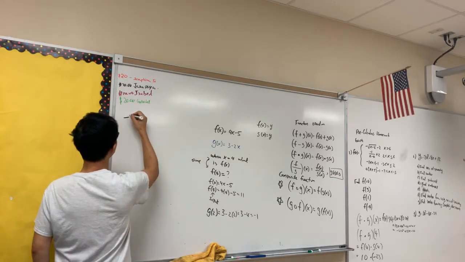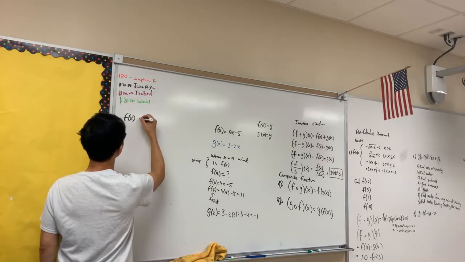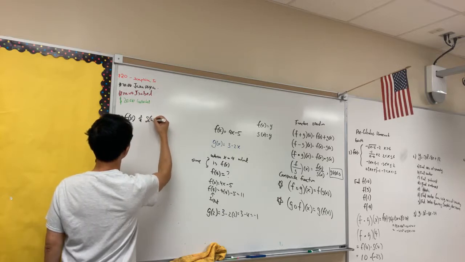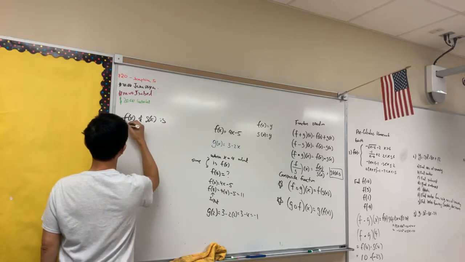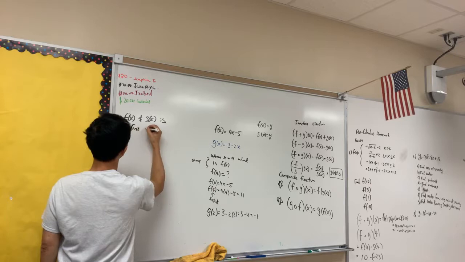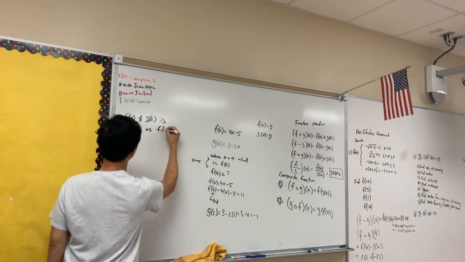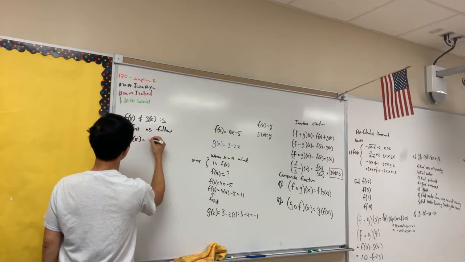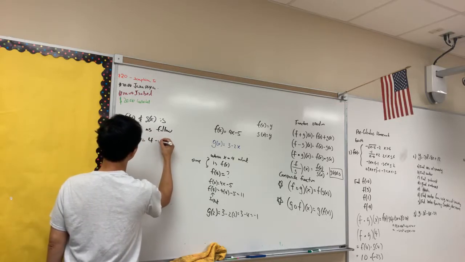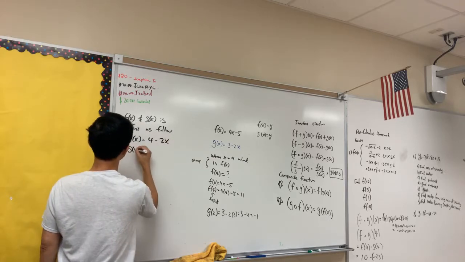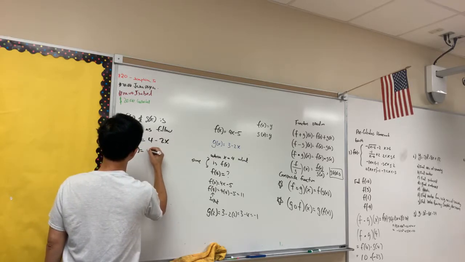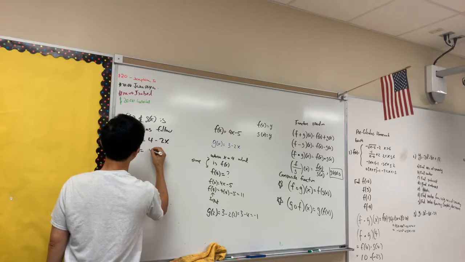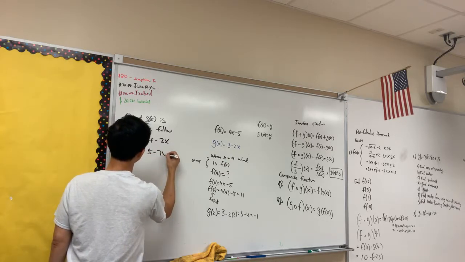Okay, we're going to say f of x and g of x are defined as follows. F of x is equal to 4 minus 2x, and g of x is equal to 5 minus 7x, like this.